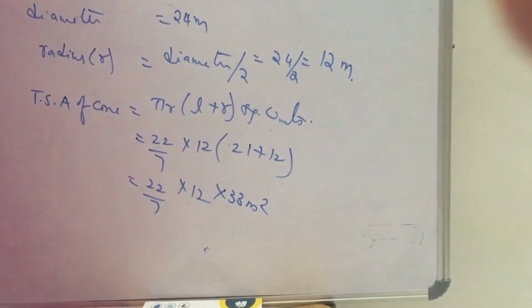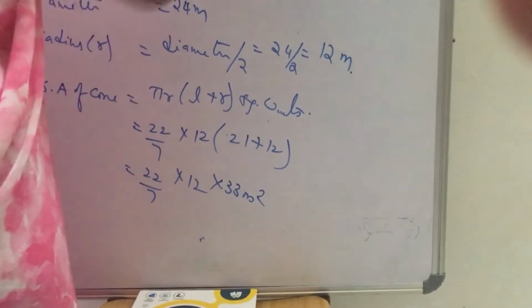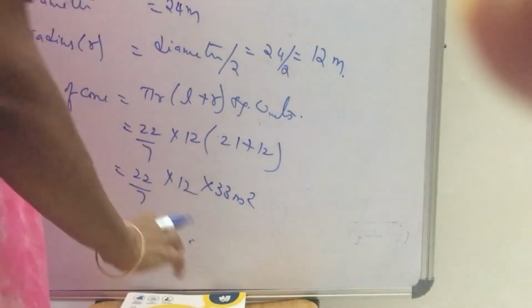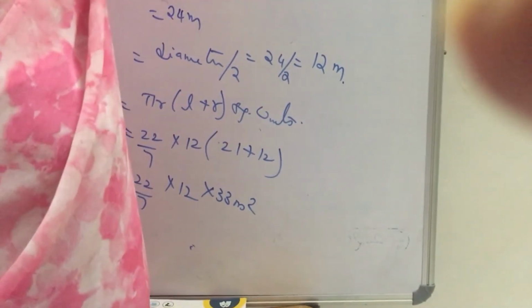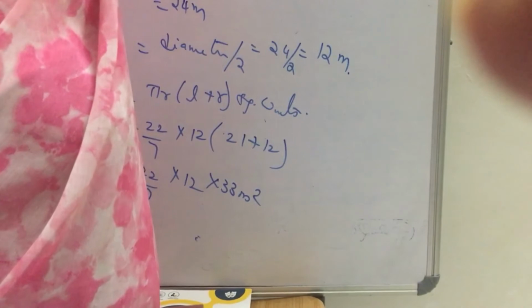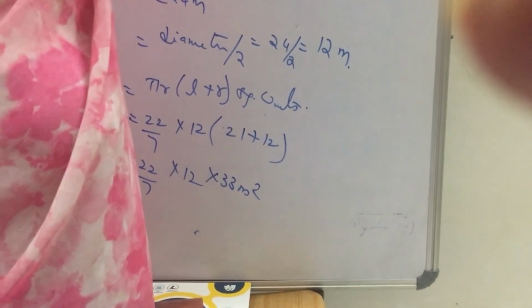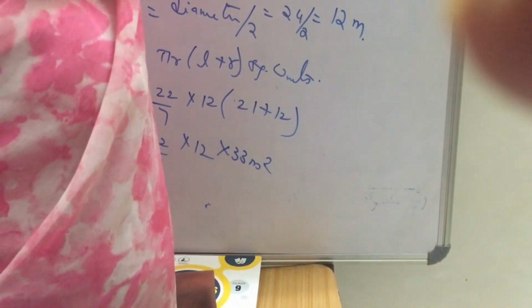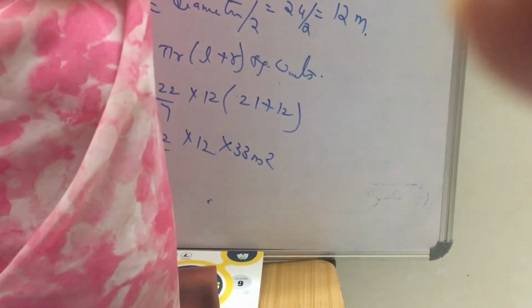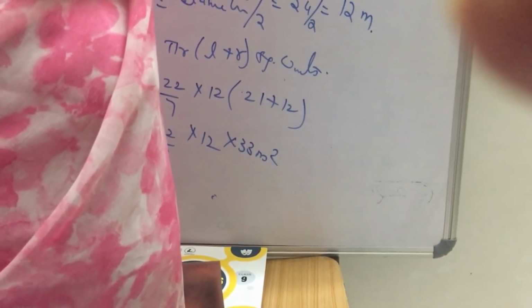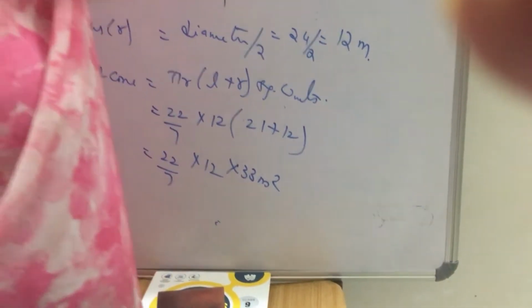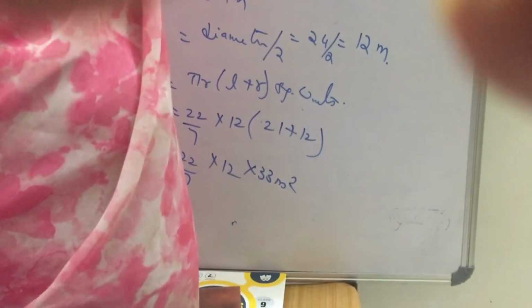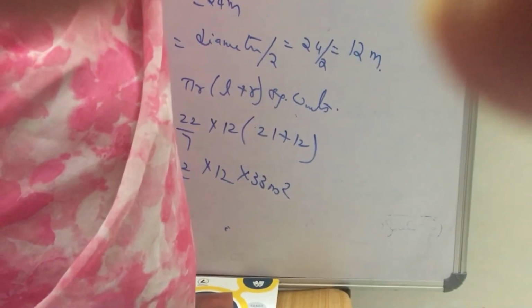Yes. Now, you cannot cancel, children. 22 into 12: 12 2s are 24, carry on, 24 plus 2, 26. That is 264 into 33. 3 3s are 9, 3 4s are 12, 19, 7.